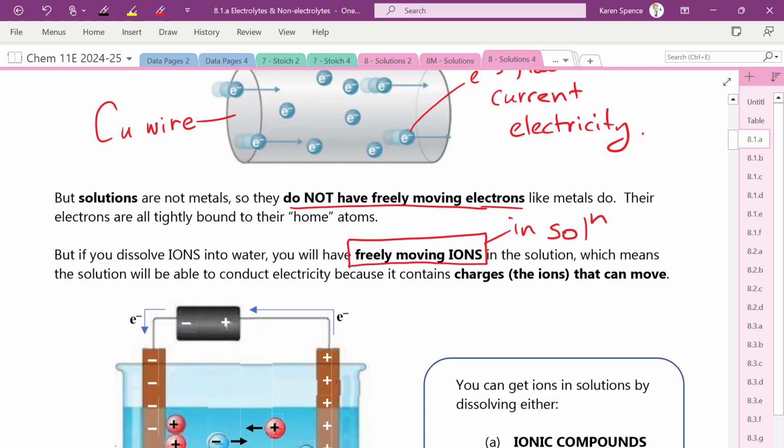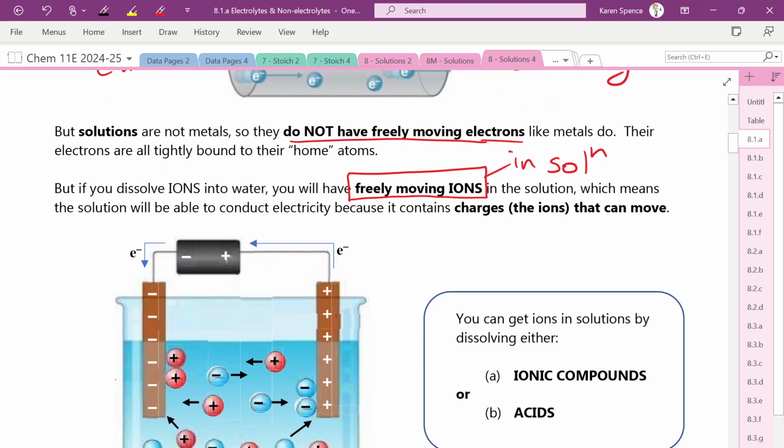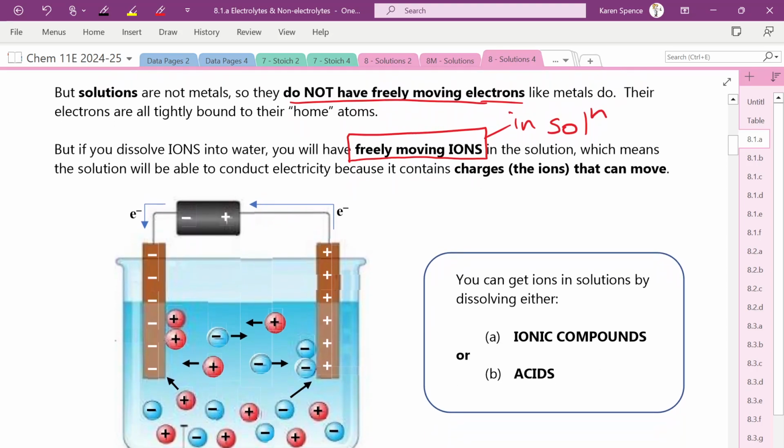So if we take a look at this little device here, we have a battery. And we have a wire. And we have a stick of metal. That's called an electrode.